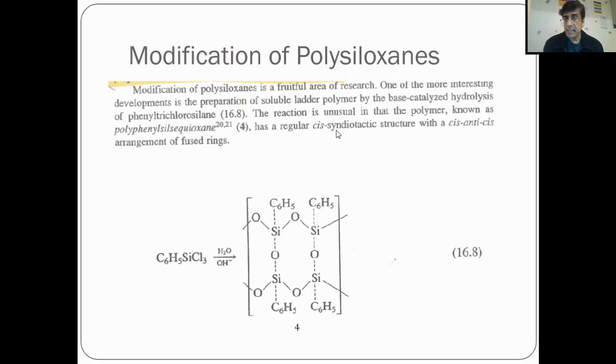And why is it called a syndiotactic structure? There are three tacticities. One is called atactic, another is syndiotactic, and isotactic. If all these phenyl groups in the chain, or methyl groups, or whatever the substituted group is, are on the same side, either above the plane or below the plane, then this is called isotactic, same side.